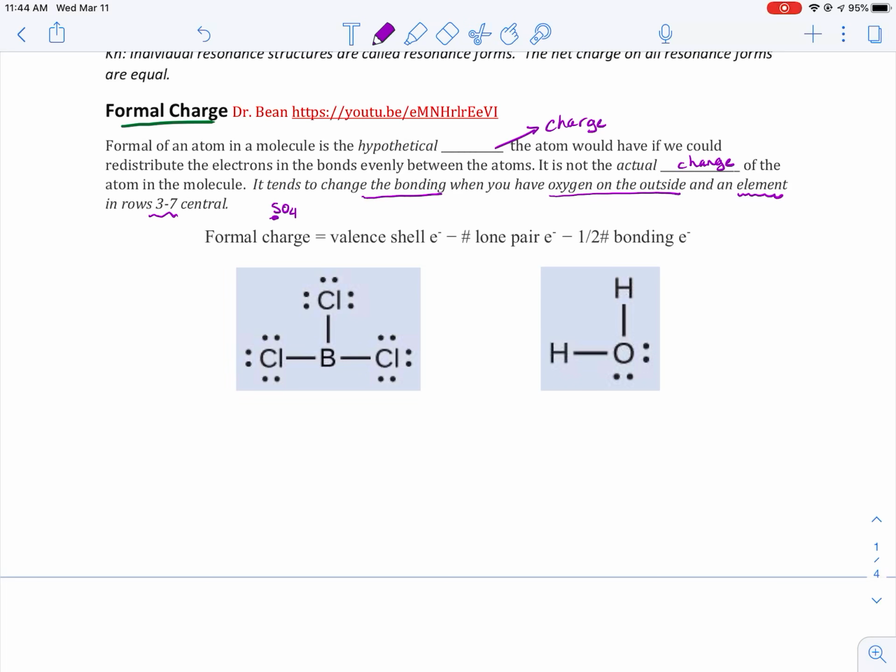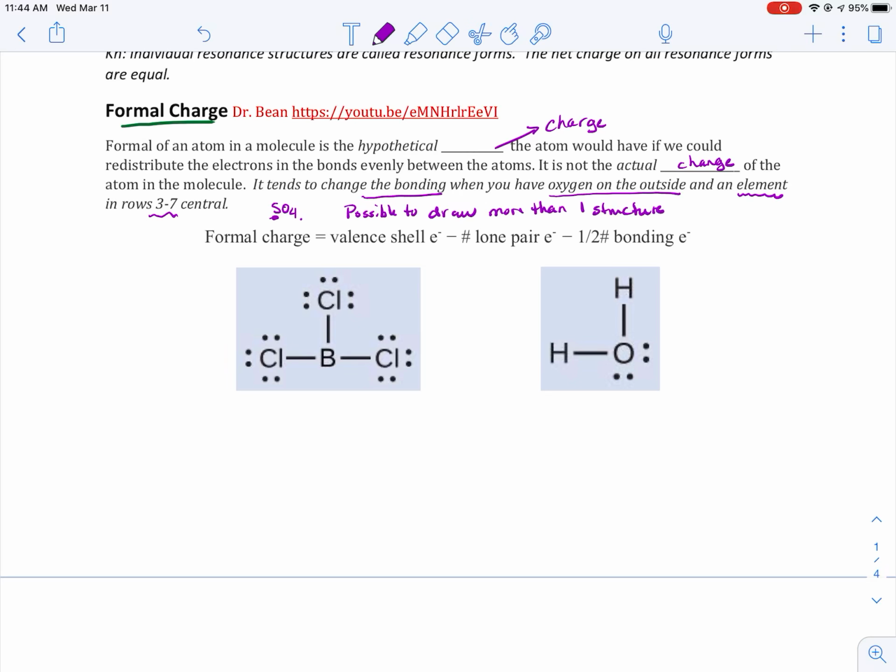It also comes into play when it's possible to draw more than one structure. You'll see on the next page an example of that. But before we go on, we're going to review how to do the formula.